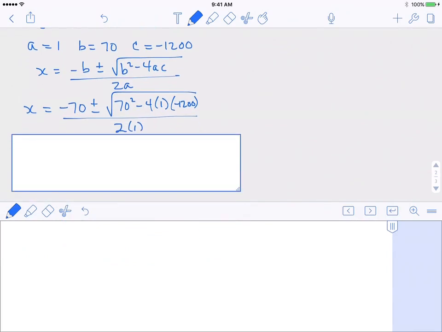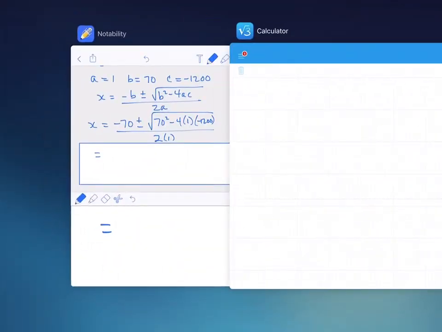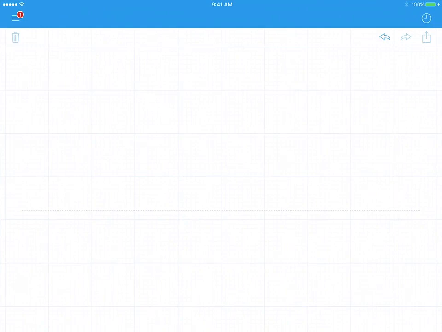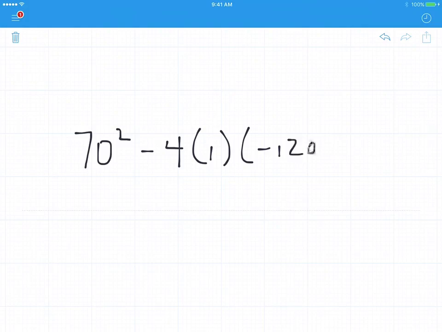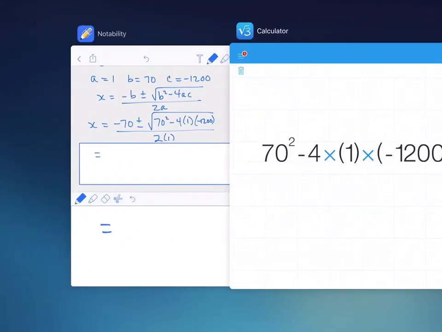I like to look at the part known as the discriminant, which is the part under the square root symbol. I like to do that separately. So 70 squared minus 4 times 1 times negative 1200 should equal 9,700, and it does.